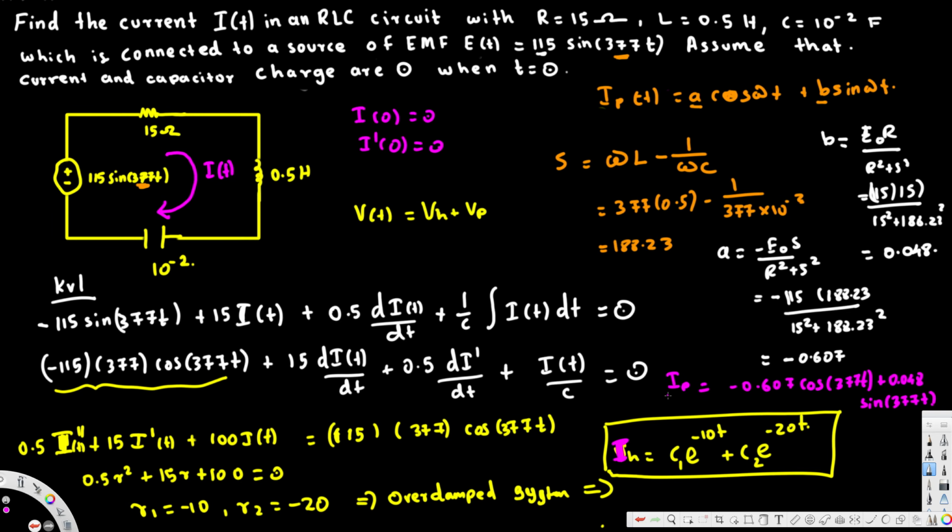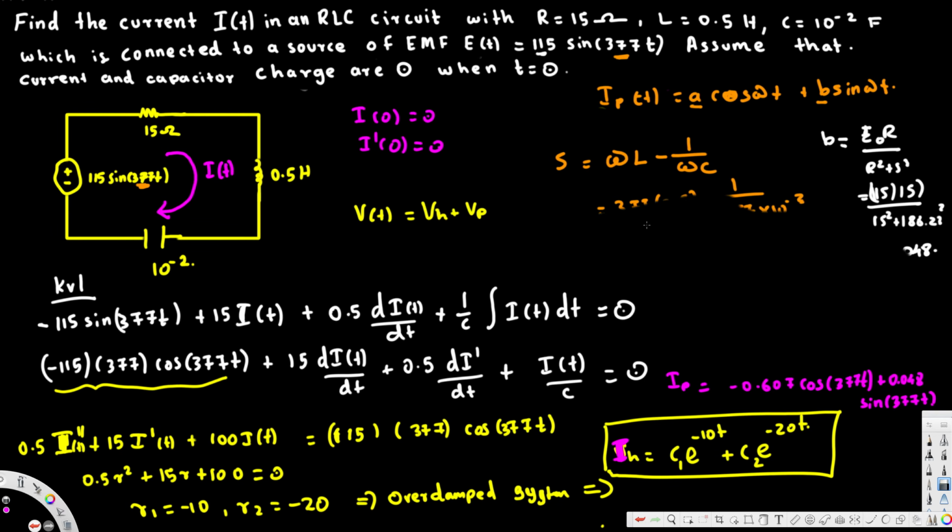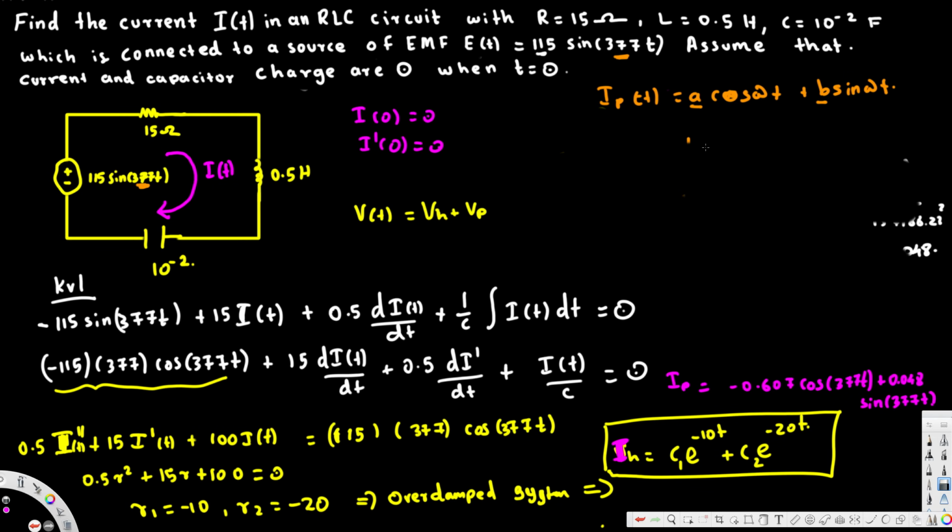The general solution for the non-homogeneous differential equation is going to be the addition of the homogeneous solution and the particular solution. Let's go ahead and write that. Therefore I of t is going to be IH plus IP.